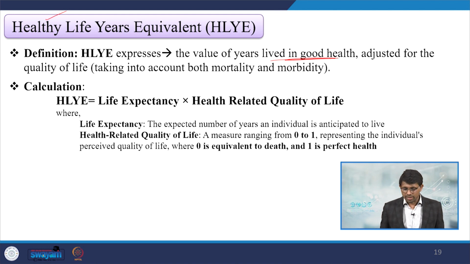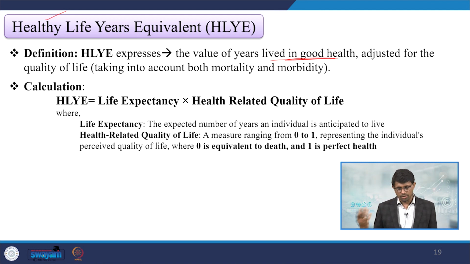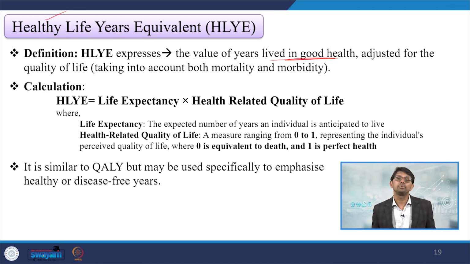Health related quality of life in this case ranges from 0 to 1, representing an individual's perceived quality of life, where 0 is equivalent to death and 1 is perfect health. Life expectancy is basically the number of years an individual is anticipated to live.